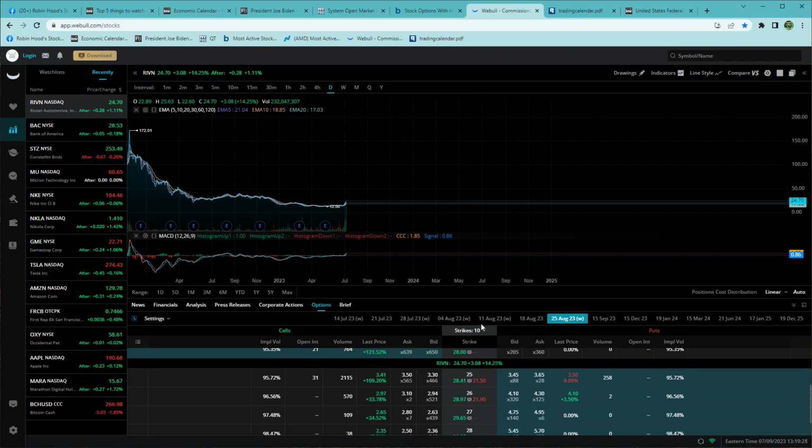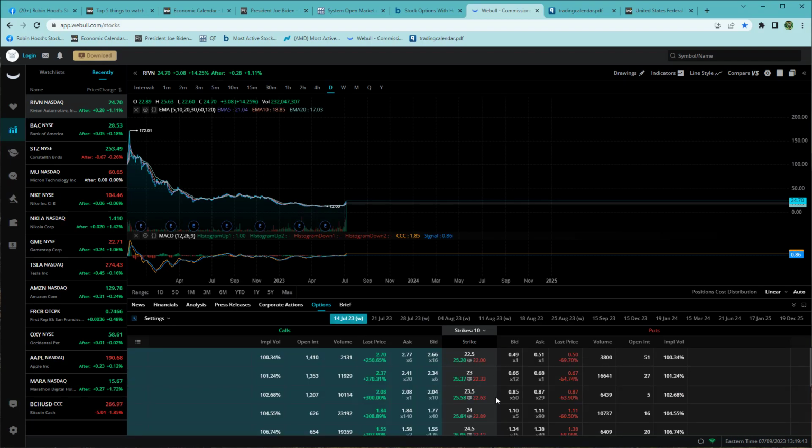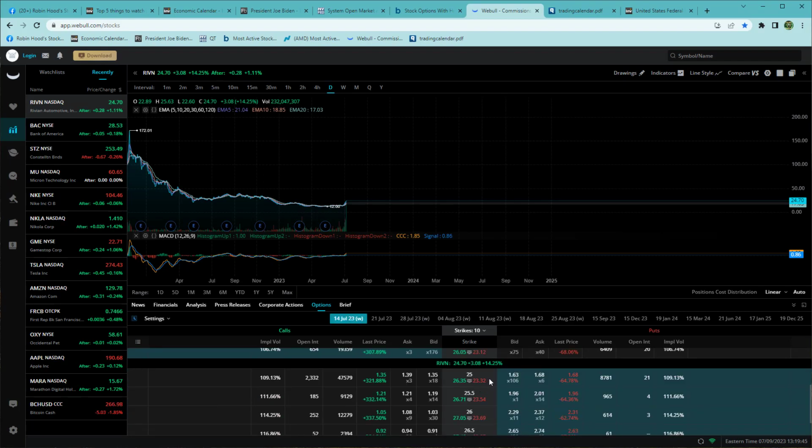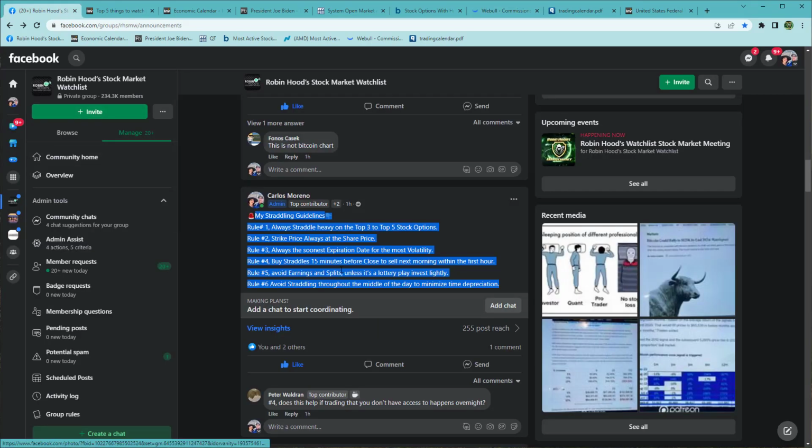But you can see the later the expiration date you go with, the less volatility you get, and the more expensive it's going to cost. So it's better to go with the sooner expiration date for the most volatility, so you can maximize your gains. And that is why we have rule number 3, always the soonest expiration date for the most volatility.